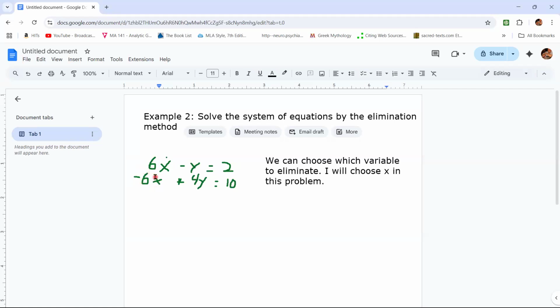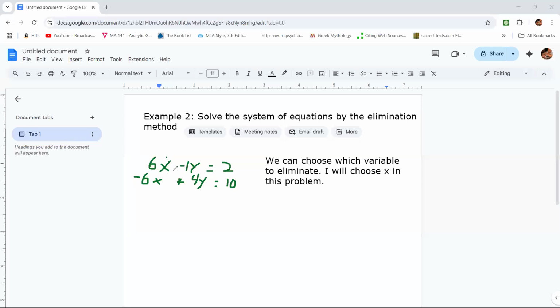Now, the other thing, before we do the elimination, that I wanted to show you with this problem is that sometimes you have numbers missing. We don't have a number in front of this y. We understand it to be a 1.